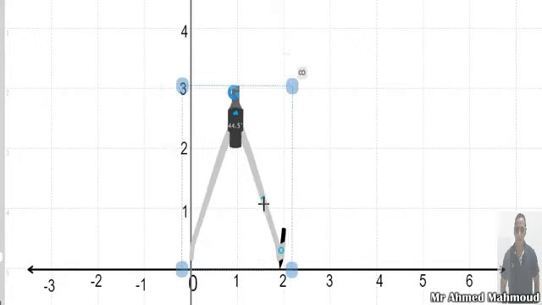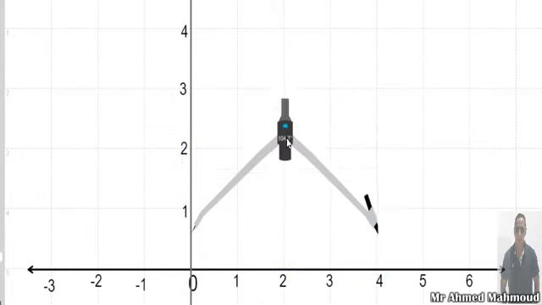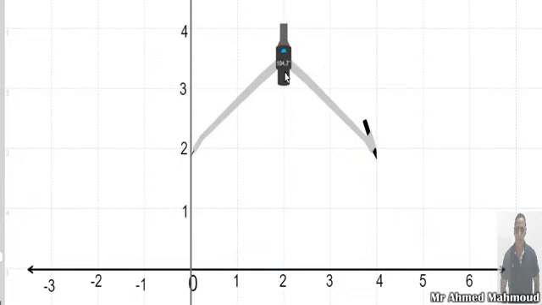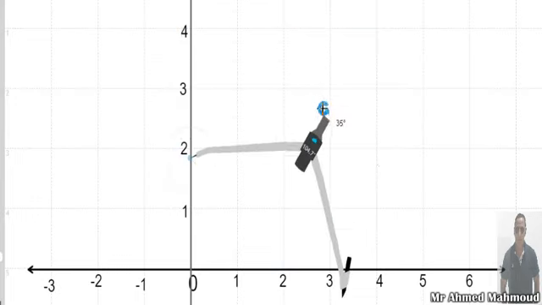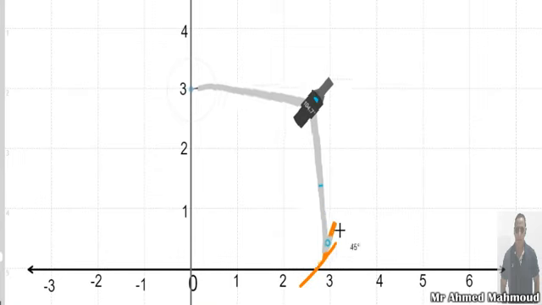And then I will put the sharpener here at 3 to draw 3 units like this. I will stand over 3 like this, and I will turn this one like this.